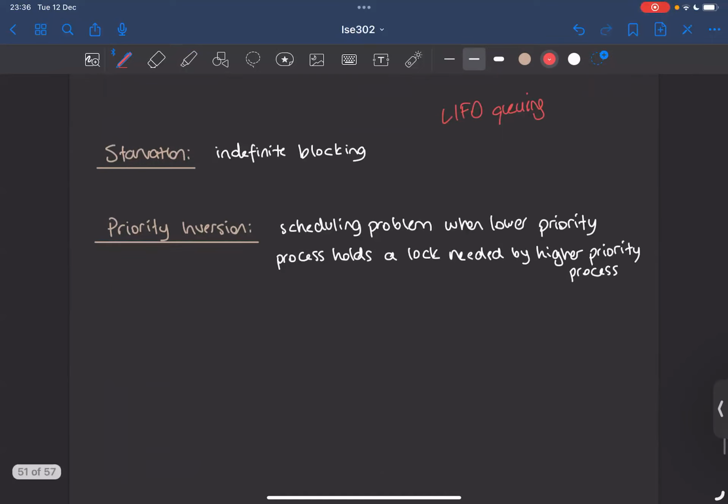Secondly, priority inversion is a scheduling problem that arises when a lower priority process holds a lock needed by a higher priority process. In such cases, the higher priority one is delayed as it cannot proceed until the lower priority process releases the required lock.